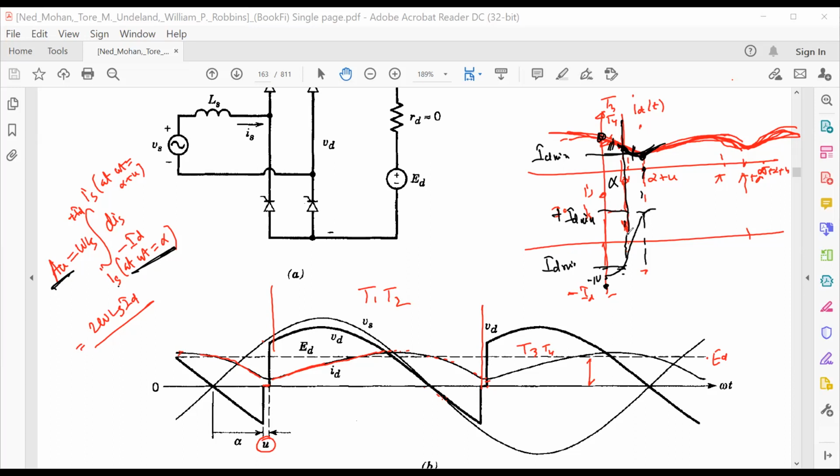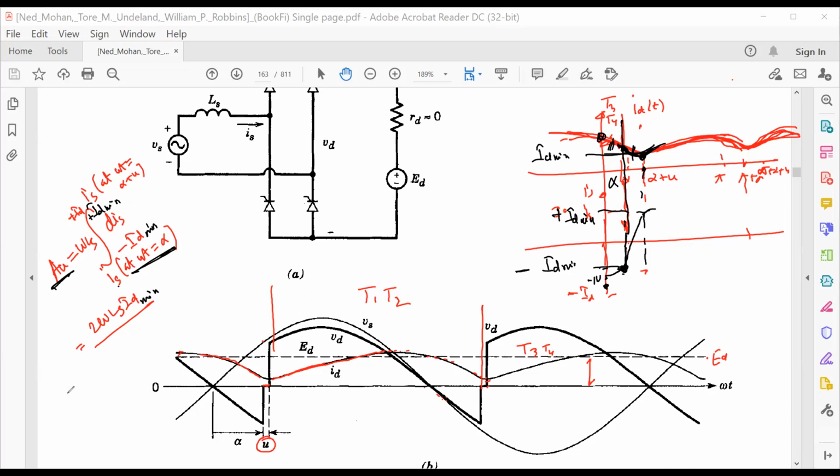Can you see it? Please say something. This should be minus ID minimum, okay? So write down here minus ID minimum, and here this should be plus ID minimum. And then after integration, it should be 2 omega Ls ID minimum.